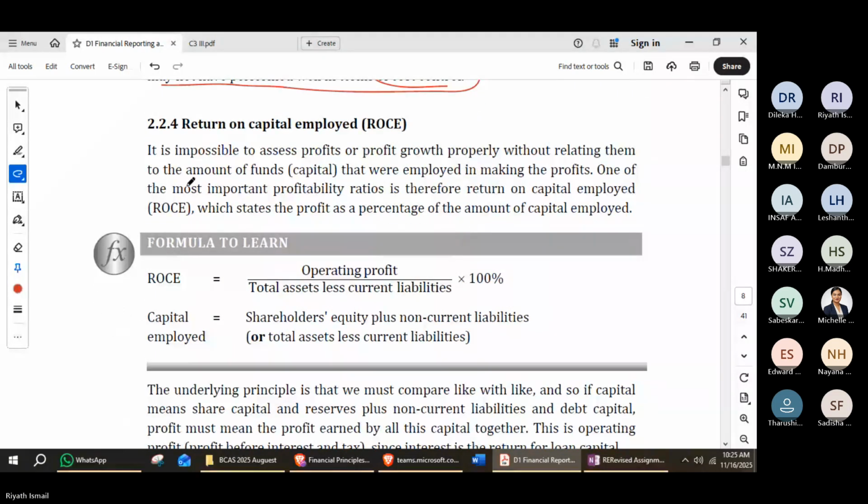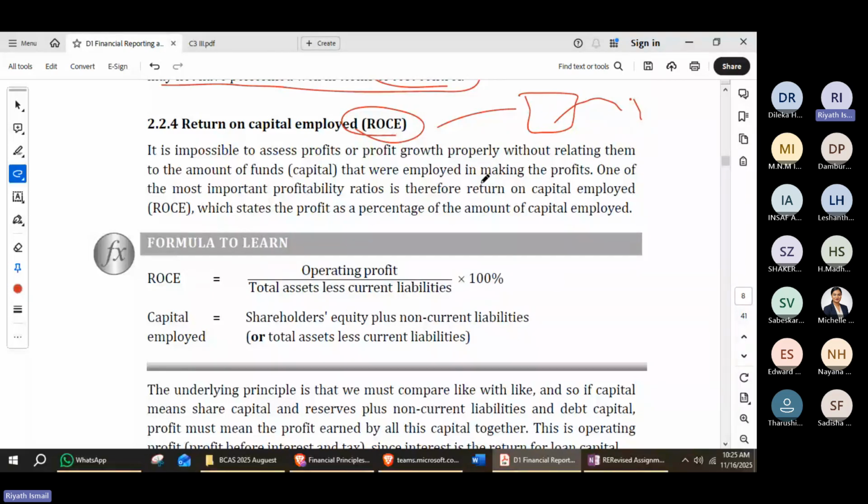Right. Under profitability, another most important and commonly used measure is return on capital employed. When we invest a big amount of money, what is the return on this bulk investment?